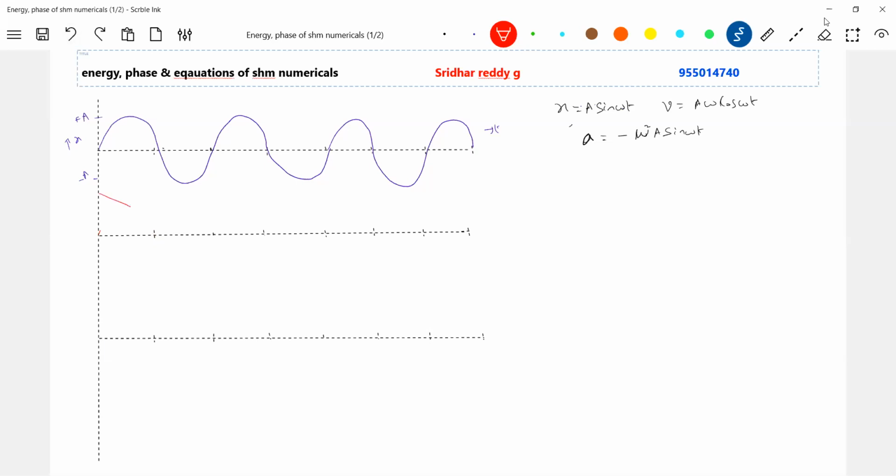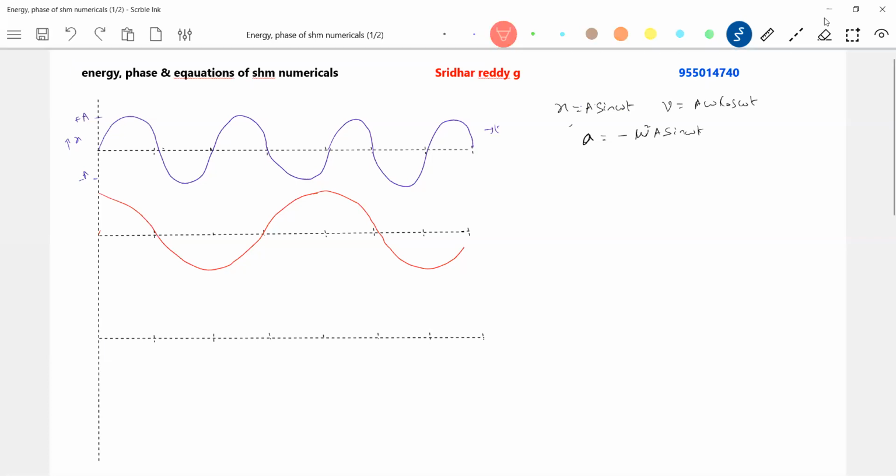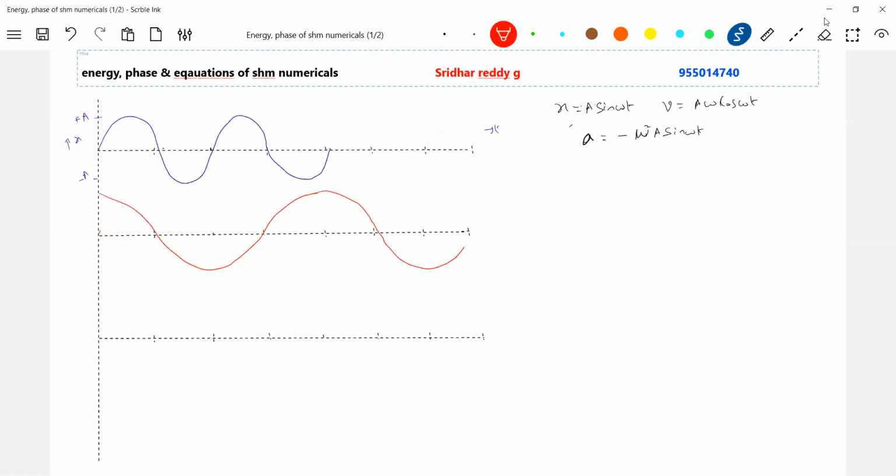Unable to draw it. This is wrong, I think. Here it is wrong. When displacement is maximum, velocity should be 0.